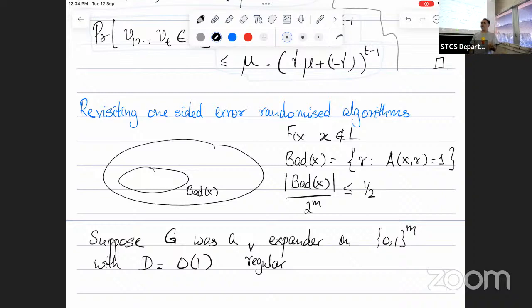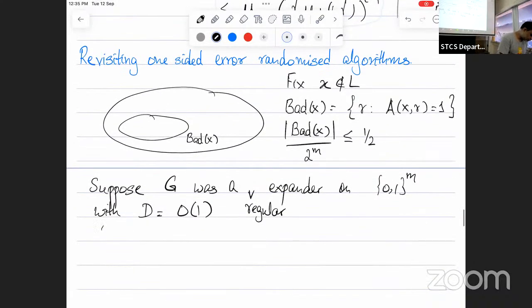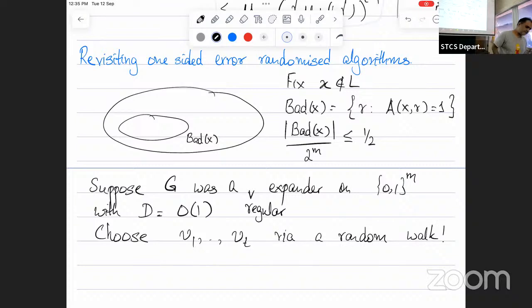Pick v1 uniformly at random and start a random walk from v1. So choose v1, and so on, till vt via a random walk. And what did we just argue?